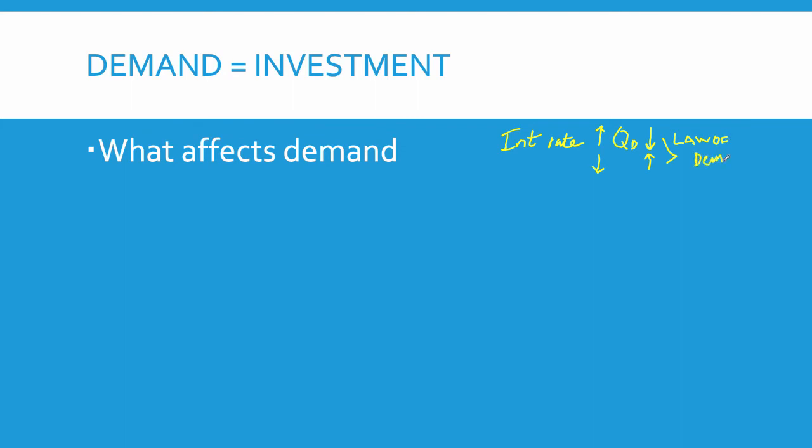So if the interest rate changes, it's going to have an impact on the quantity demanded, which means we move along the demand curve. But there are other things that can cause the demand curve itself to move. One of those things is the productivity of capital.